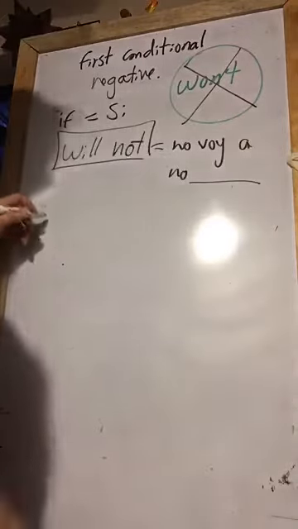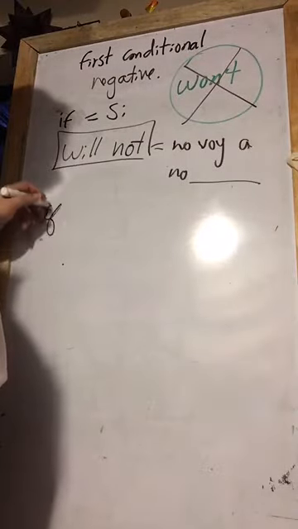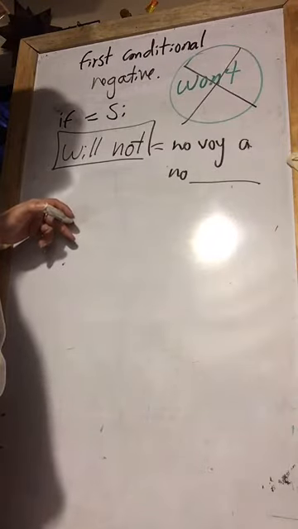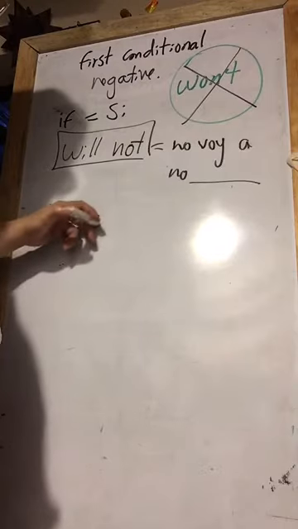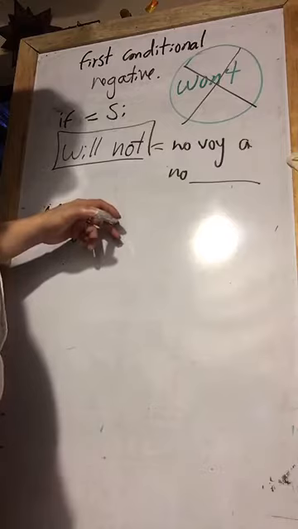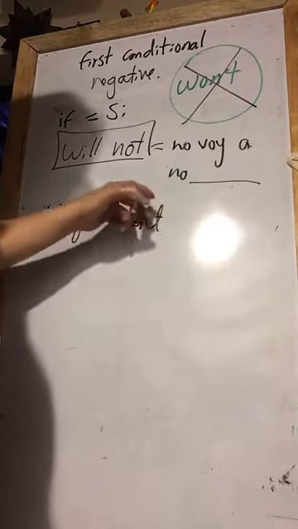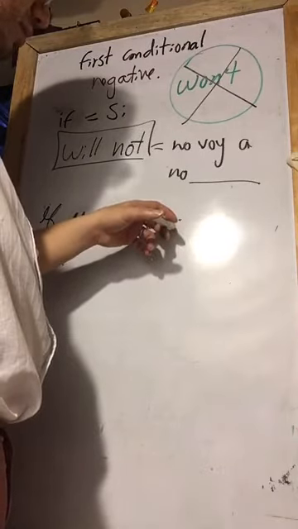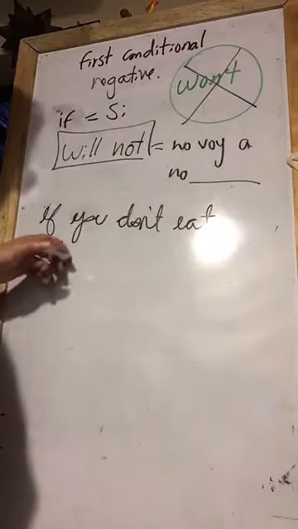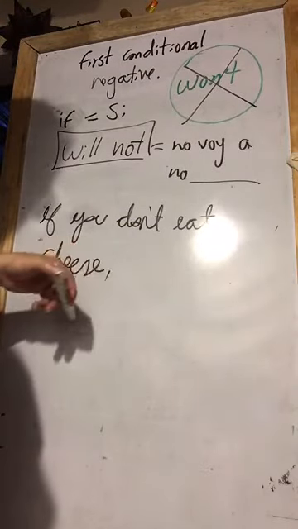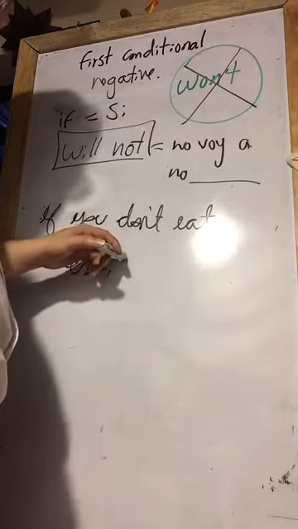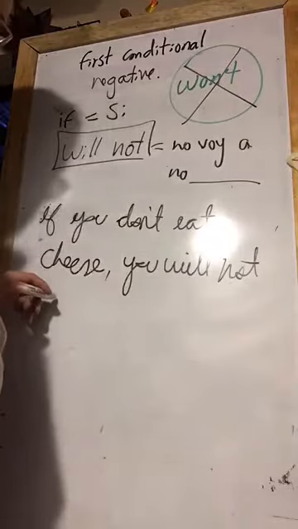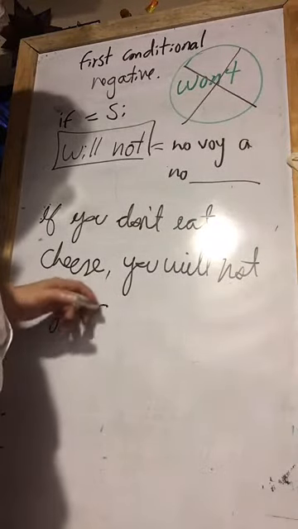The goal for us is to write a sentence that looks like this: "If you don't eat cheese," comma, because every time we start with "if", we continue with a comma, "you will not get gas." We're using negative in both parts.